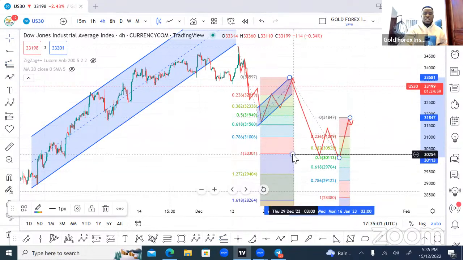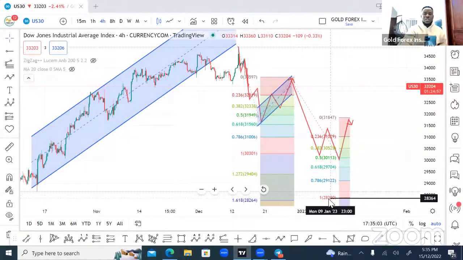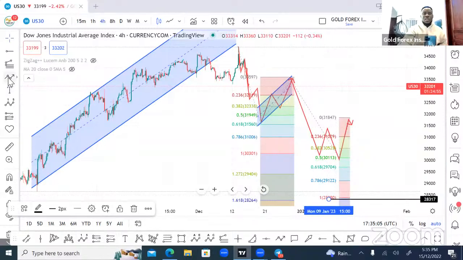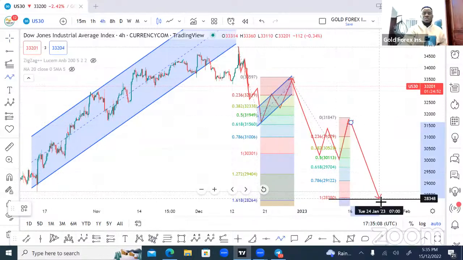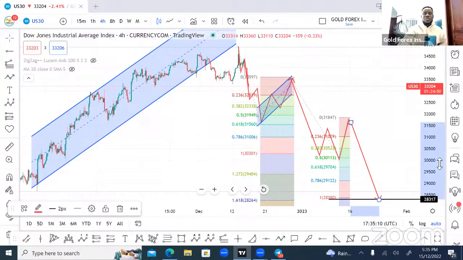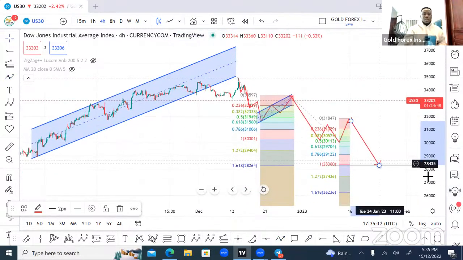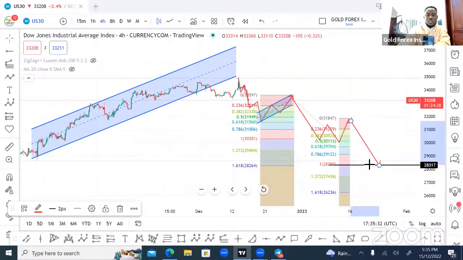Once you sell here, come and target another 1.0, like that, till you get to where your trend is going. So Elliott wave corrections are very, very important in whatever you are doing. Look for those kinds of corrections on your chart to make informed decisions.